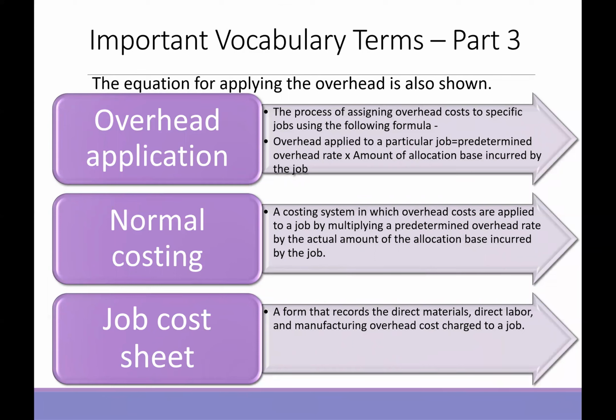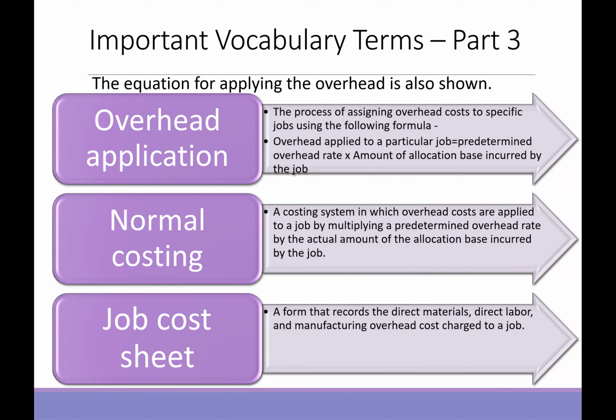We know overhead application is the process of assigning overhead costs to specific jobs. The overhead applied to a particular job is going to be that predetermined overhead rate times whatever the true amount of allocation base is incurred by a job.